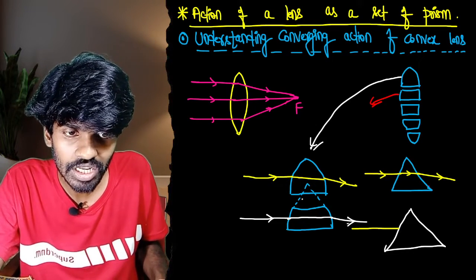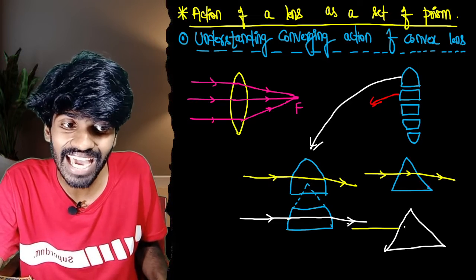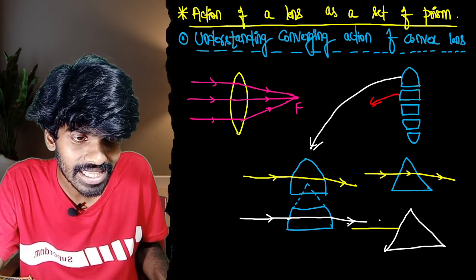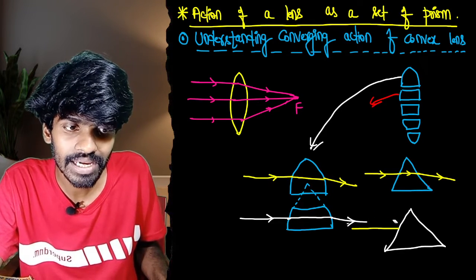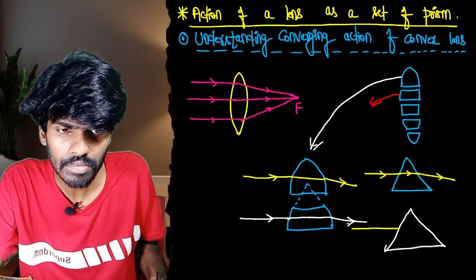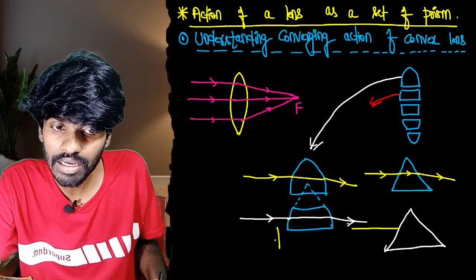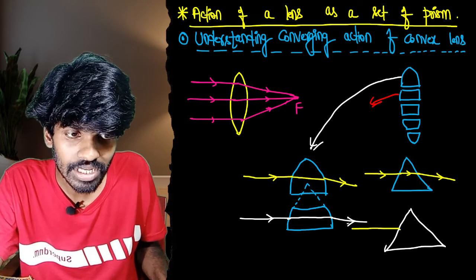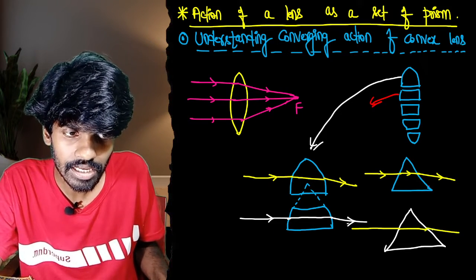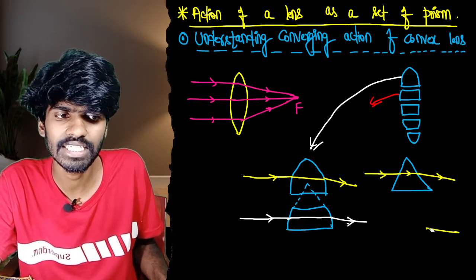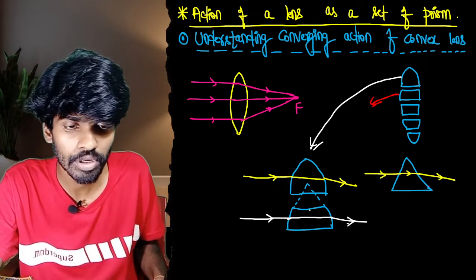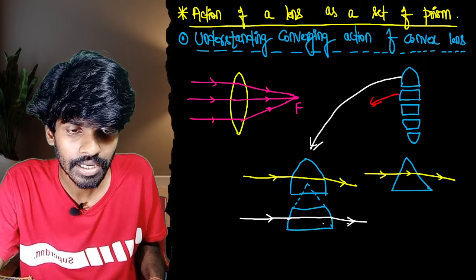In this situation, the further up you go, the angle will be more, and if you go further downward, the angle will be lesser. So deviation depends on this angle. For more incidence, refraction will be more. So this is what happens here.